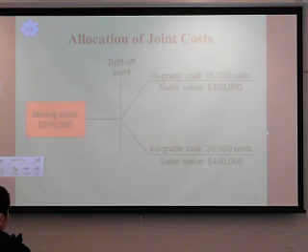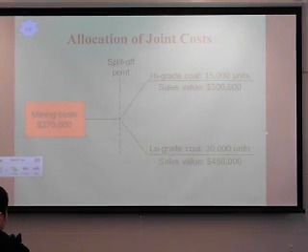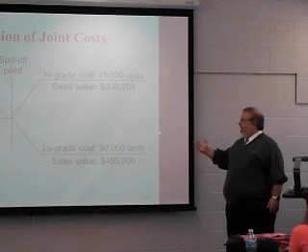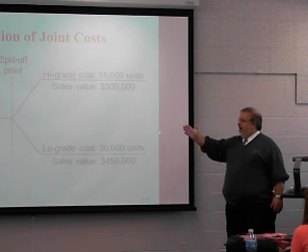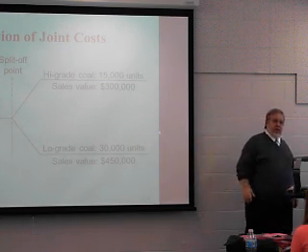If there's no further cost to process them, net realizable value is essentially sales value. So you got 300 plus 450, a total of 750, right? And so you got 300 over 750 times the 270 for high grade, and 450 over 750 times 270 for the cost we would apply to the low grade.